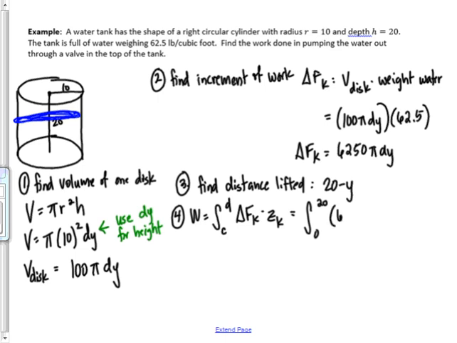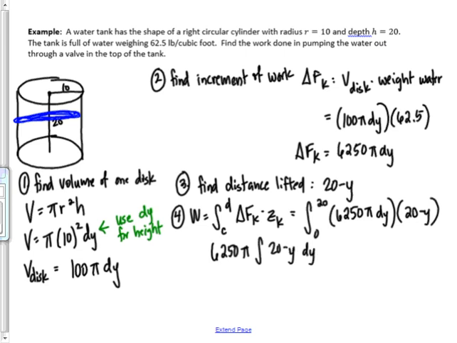Then we just multiply those pieces: 6250 pi dy times 20 minus y. The easiest thing to do is to pull out that 6250 pi, and then you're just integrating 20 minus y dy.